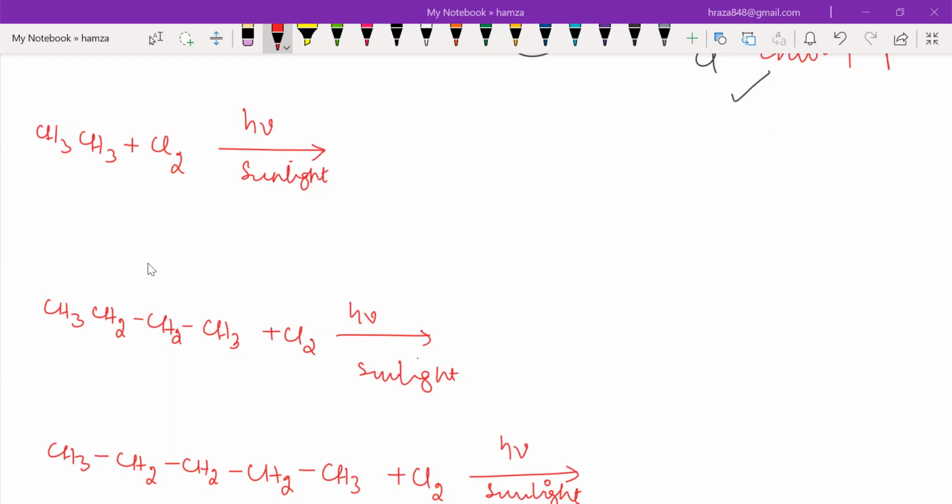The second one is chlorobutane, and two products can be formed. Only two products. Right? Yes, sir. Okay, very good. And in the third one, three products can be formed. Write all the names.